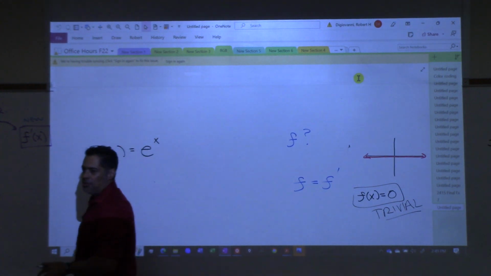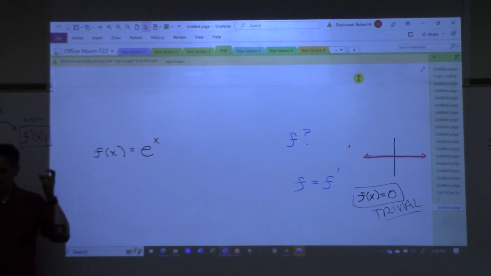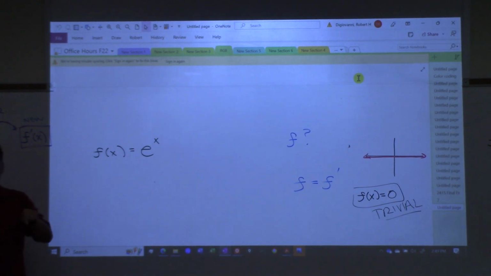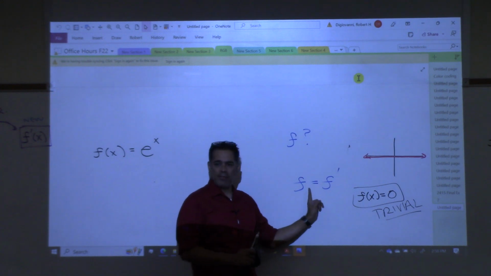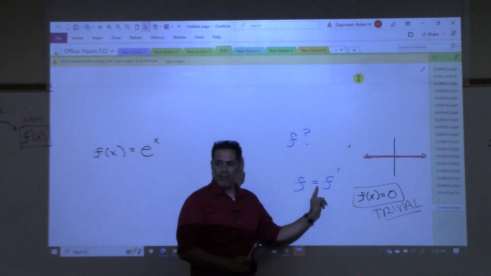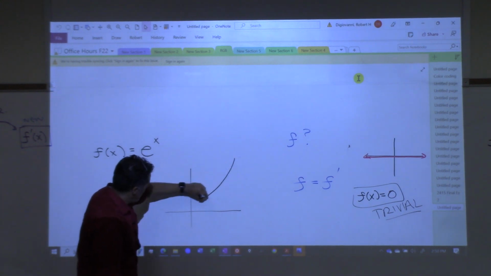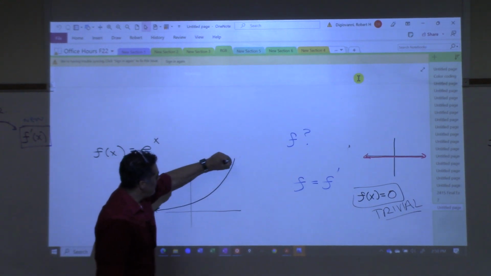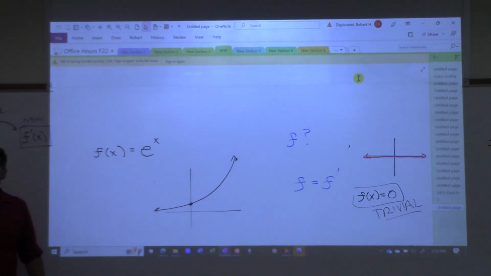And I'm not sure how much your college algebra teacher told you, but the reason why this function is so important to us is because it is the only function, other than this trivial one, that satisfies this. When you graph it, you all know what e to the x looks like? Looks like this. If you go and try and graph its derivative, you're going to draw the exact same graph.